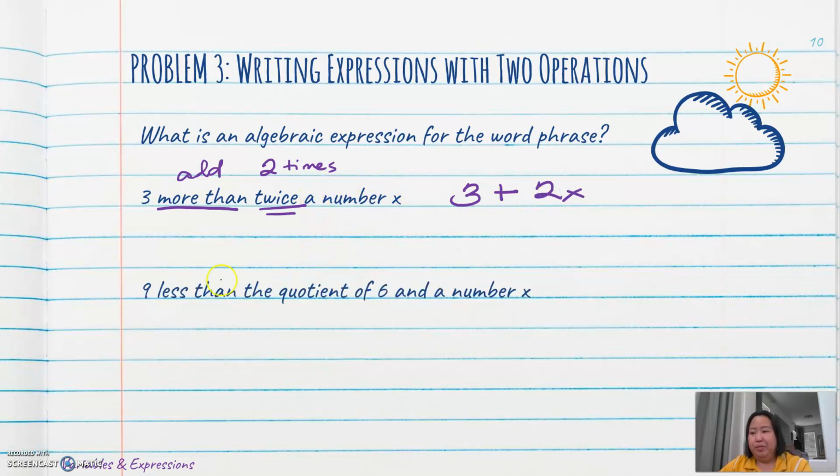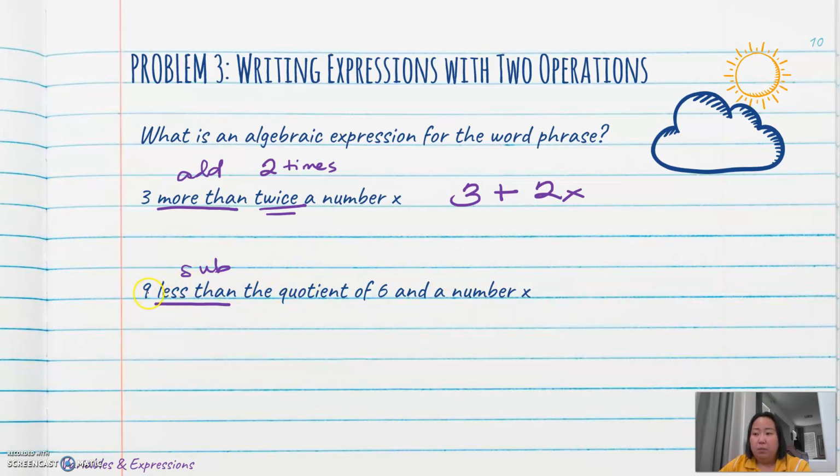Next up, 9 less than the quotient of 6 and a number x. So again, we have the words less than. So it means that 9 will be subtracted from whatever this is.